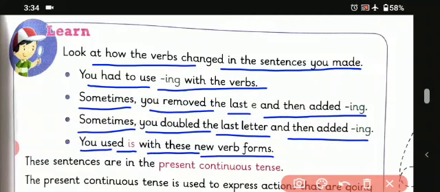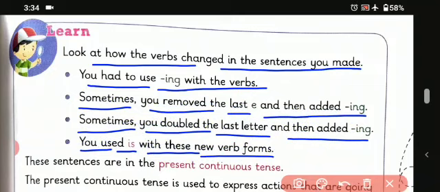So students, there are some words in which we have used ing by removing e, and in some words we have used ing as it is, and in some words we have doubled the last letter and then used ing.